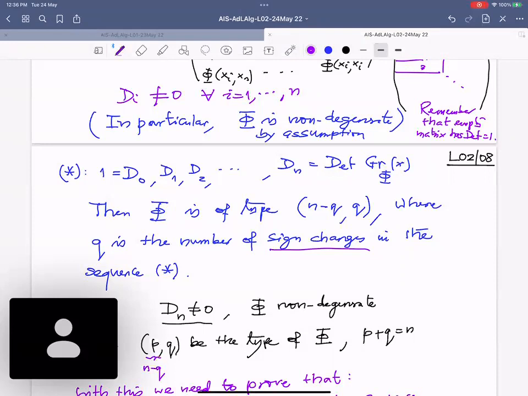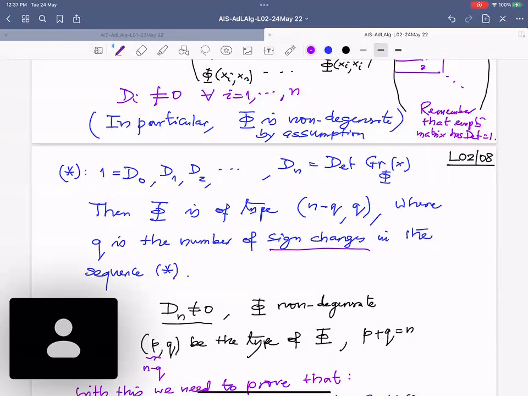In general, if you have a finite sequence of real numbers and you want to compute the number of changes in the sign, you remove the zeros from that sequence.